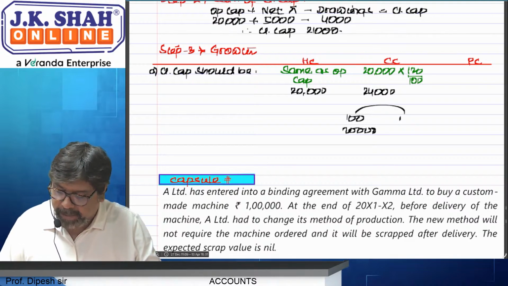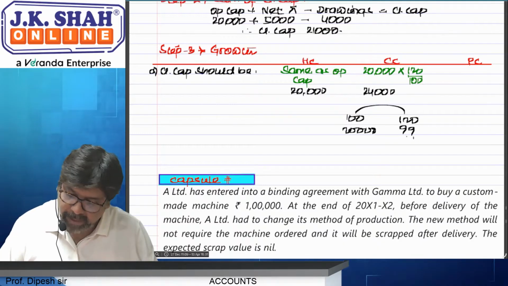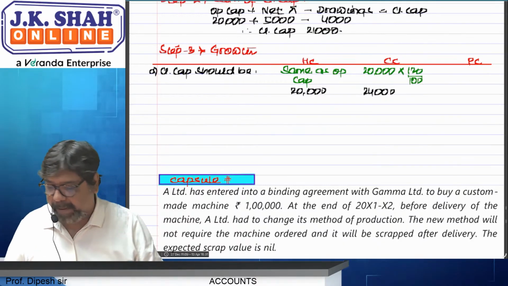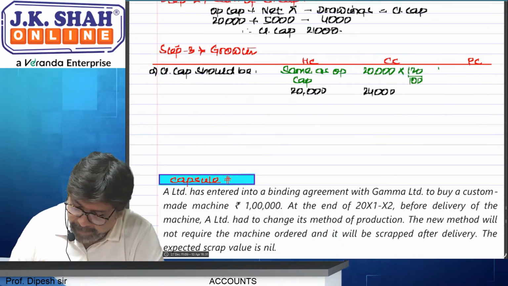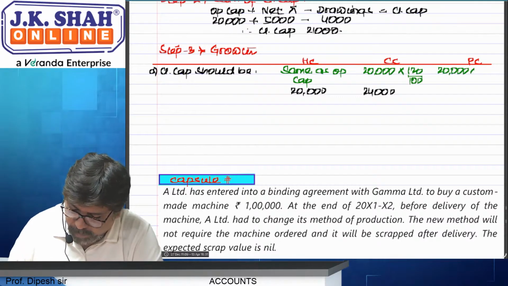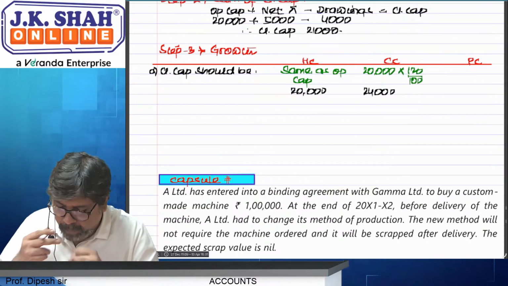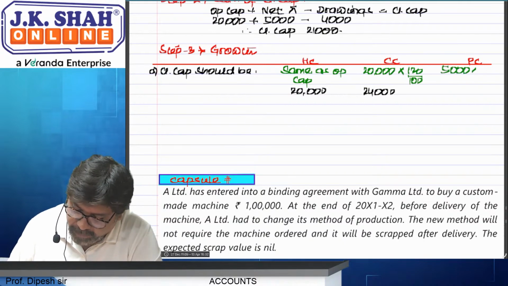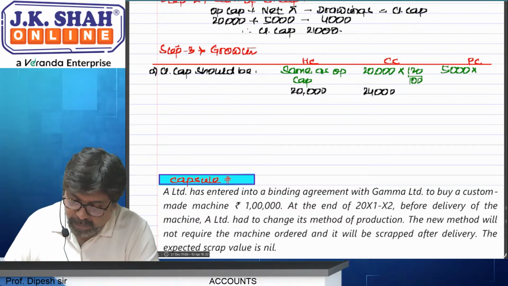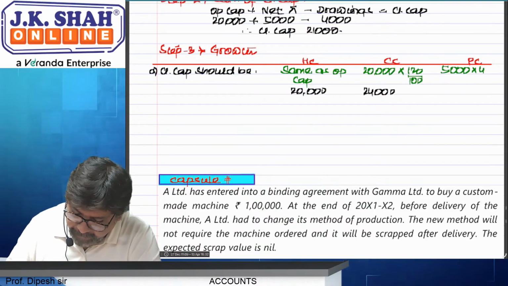Now CPI, the consumer price index, has become 120. Therefore the capital should also become 24,000. Now physical capital. Physical capital is how much? 20,000 into 4, how many units? 5,000 units into 4.6.